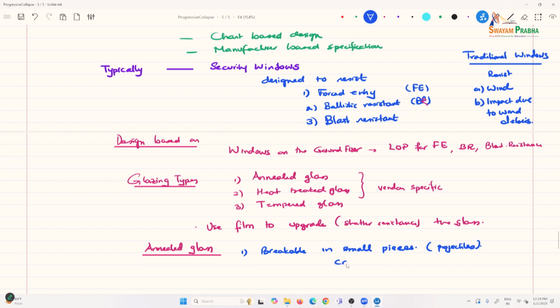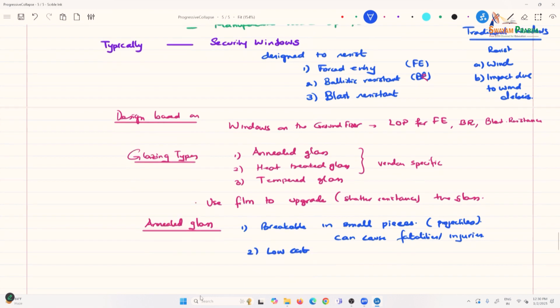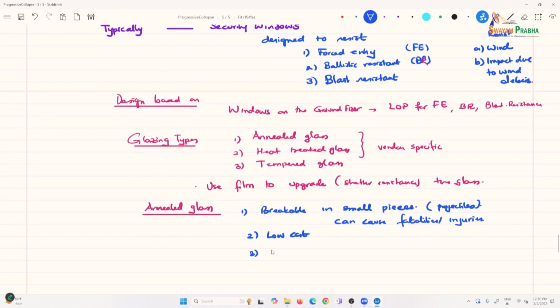So annealed glass can cause fatalities or injuries. Of course, it is low cost, and another feature is that it is easy to cut. So you can use annealed glass with film because it is low cost.